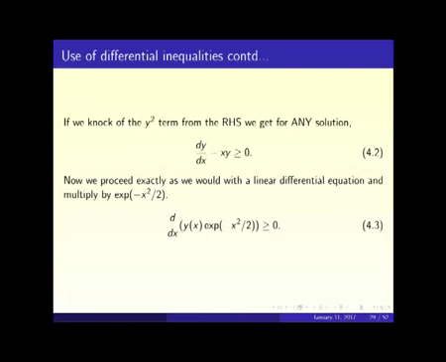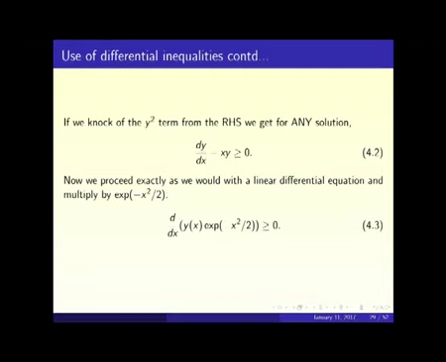So I can jolly well multiply 4.2 by e to the power minus x squared by 2, and the left hand side of 4.2 becomes an exact derivative, namely d/dx of y of x into e to the power minus x squared by 2 greater than or equal to 0, which is 4.3 in the displayed slide.